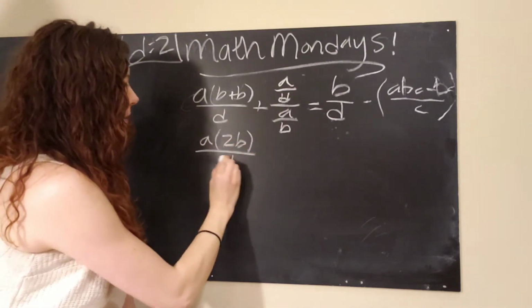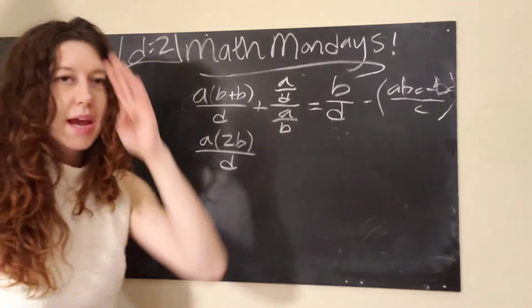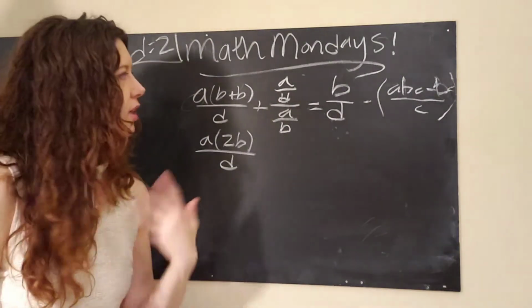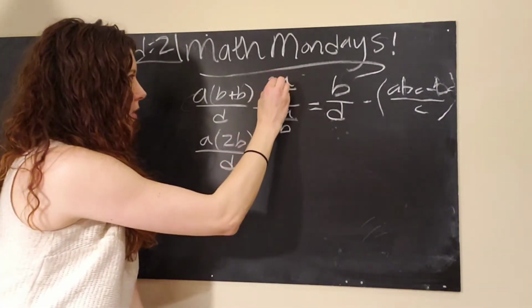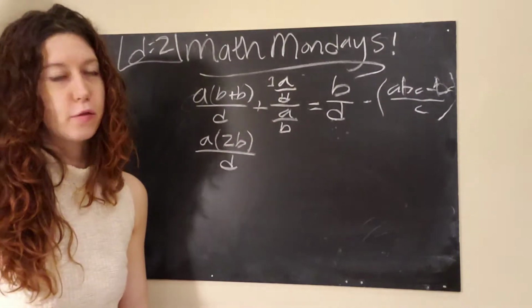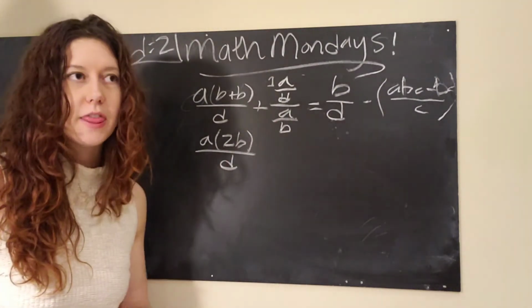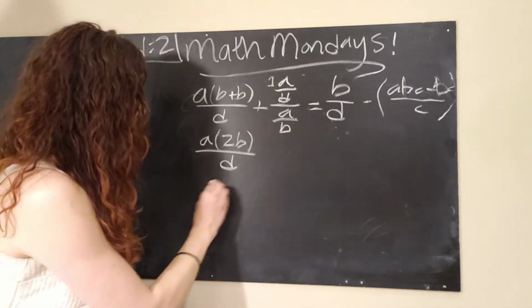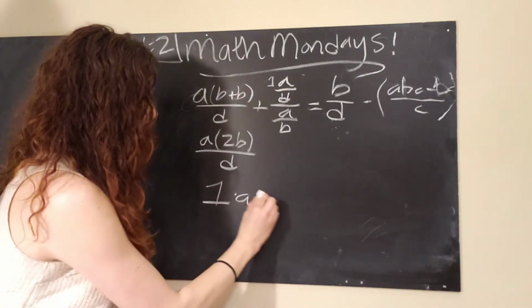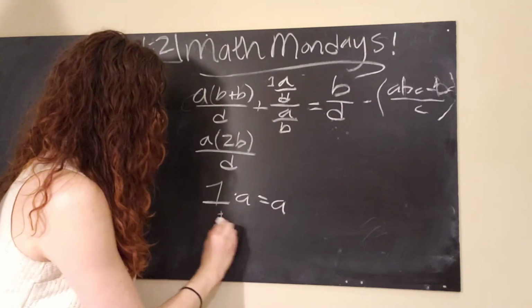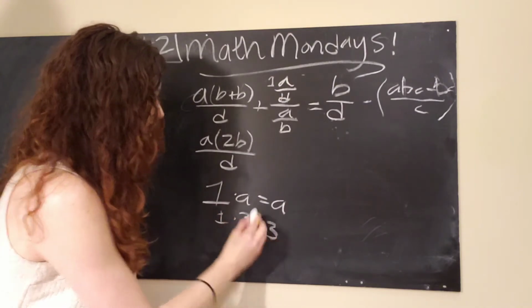Anytime you see a variable, you can think about it as having an invisible 1 in front of it, since multiplying something by 1 keeps that number the same, so 1 times A equals A, just like 1 times 3 equals 3.